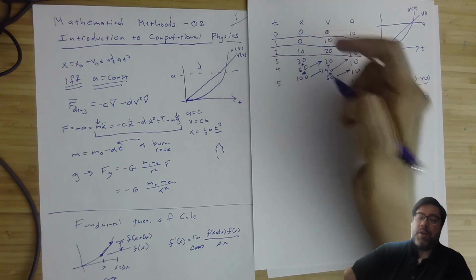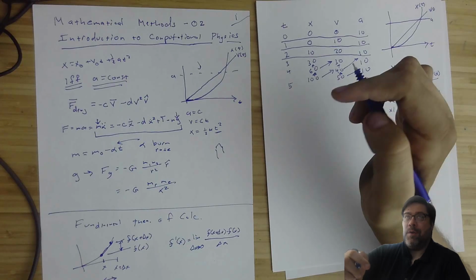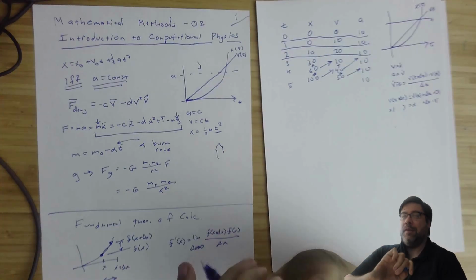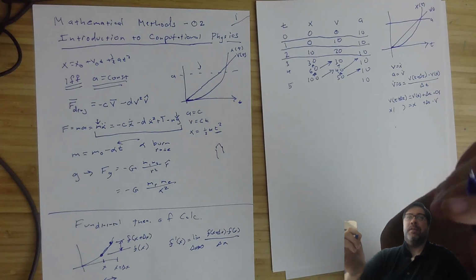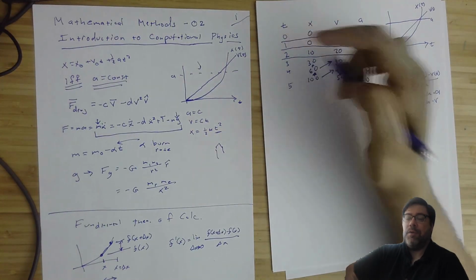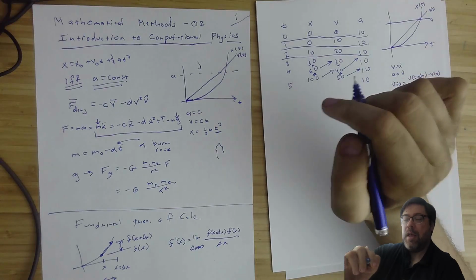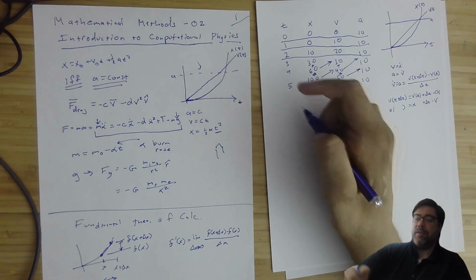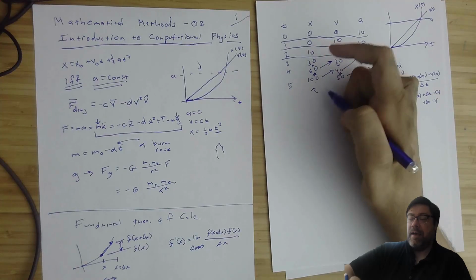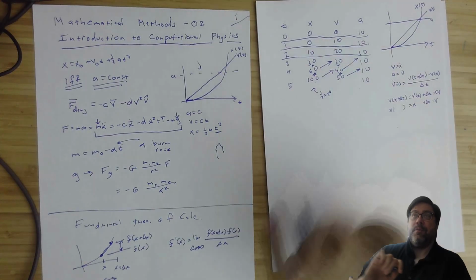Well, typically we're going to choose, and in the computer this is quite easy. By hand, I chose a big delta t just so it was easy to see what's going on. But in the computer, you're going to choose small delta t's, because you notice that I didn't have the 1/2 a t squared term here.